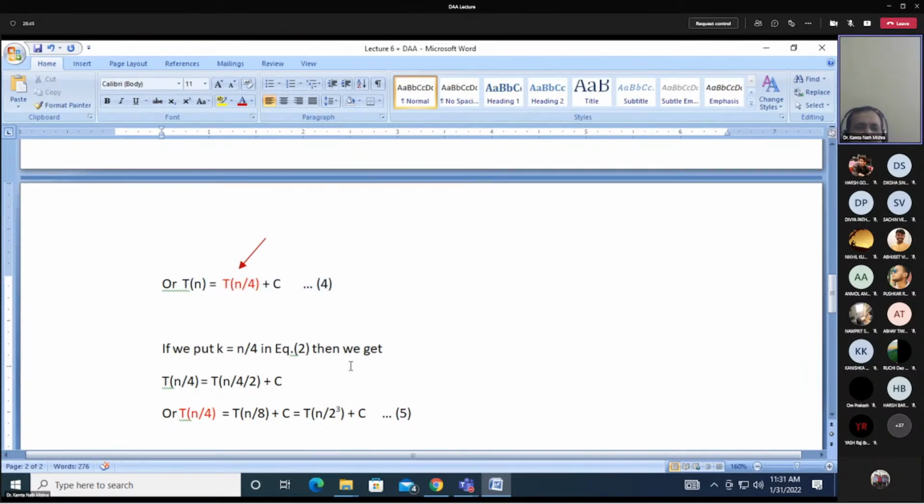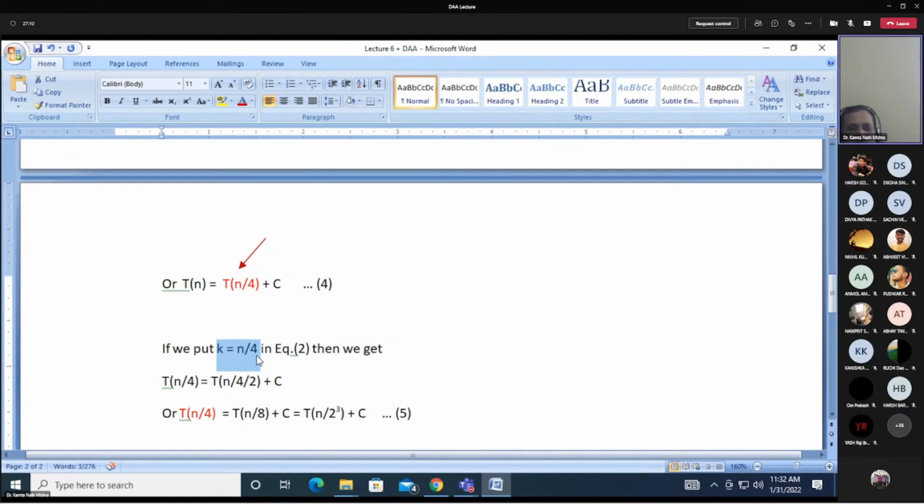Now Divya, what will we do now? We will put the value in equation 1? No, not equation 1, equation 2, because equation 1 is Tn equals Tn by 2 plus c, and equation 2 is Tk equals Tk by 2 plus c.